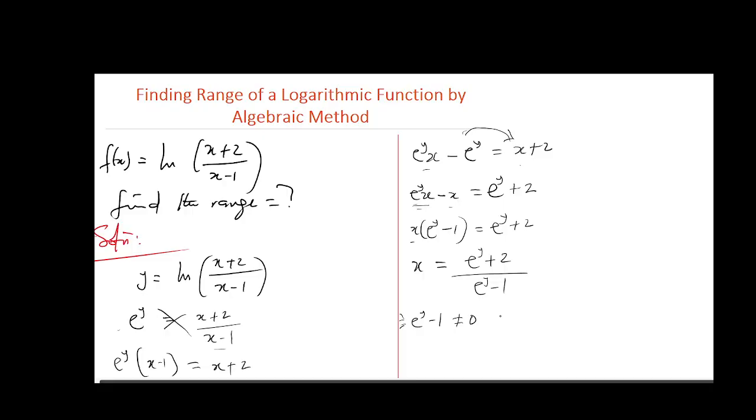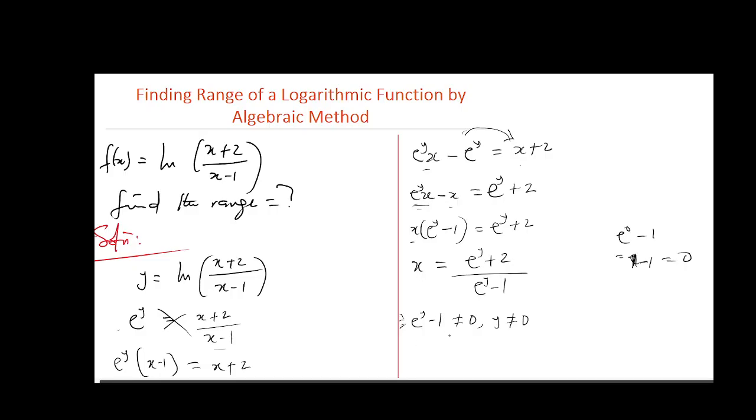For that to happen, we need to have that y must not equal 0, because if y equals 0, we are going to have e raised to power 0 minus 1, which is 1 minus 1, which will give us 0. So you see, y cannot be 0, meaning that this function is defined for all y except y equal 0.